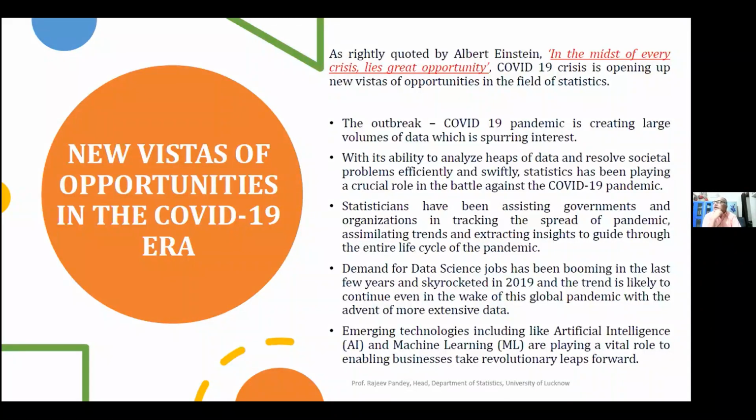The unfathomable COVID-19 pandemic has sent the Indian economy into a tailspin, kick-starting a spate of layoffs, pay cuts, and furloughs.